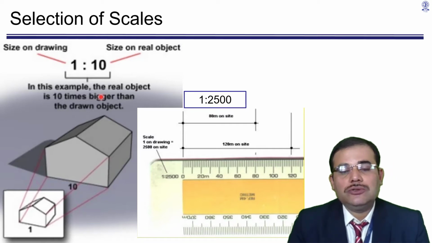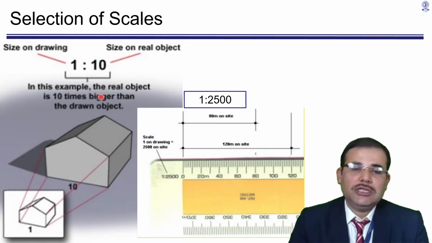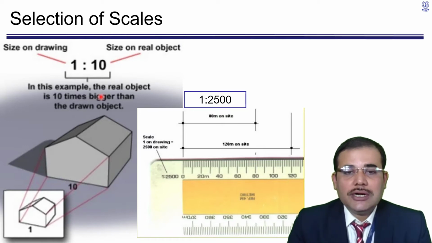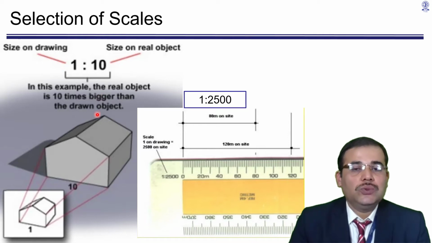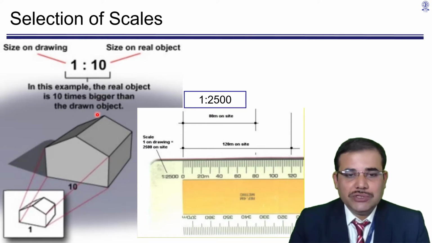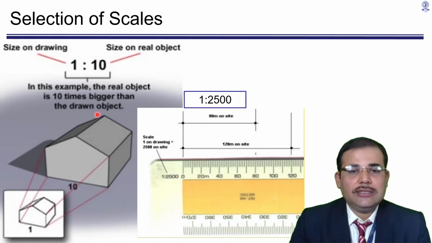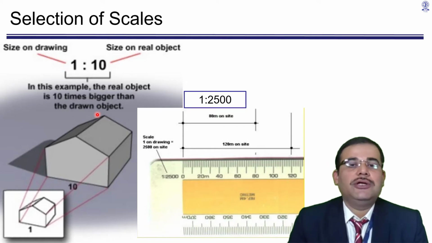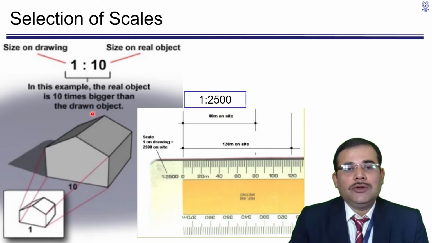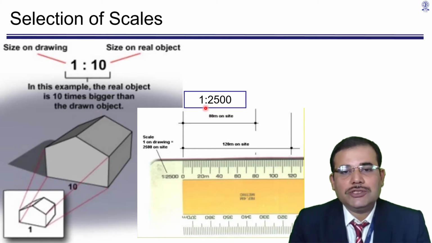Now it is not possible to draw 1 meter on paper, so I will again scale it down, and so 100 centimeter, means 1 meter, will be equivalent to 1 meter. Means 1:10 scale is nothing but 1 centimeter on paper is equivalent to 10 centimeter on ground or 10 centimeter at real scale.